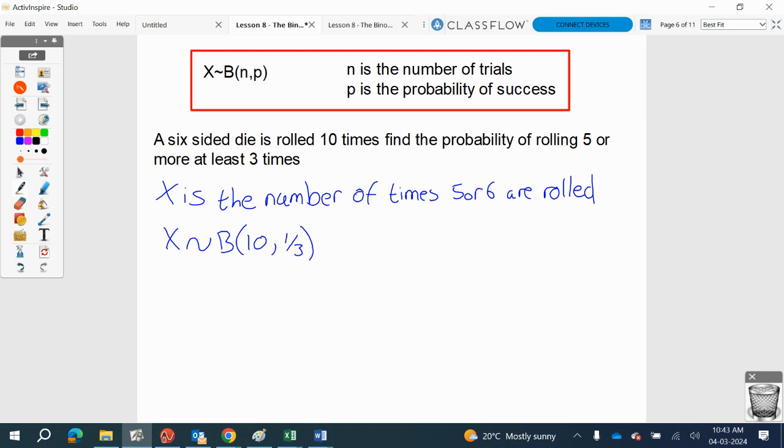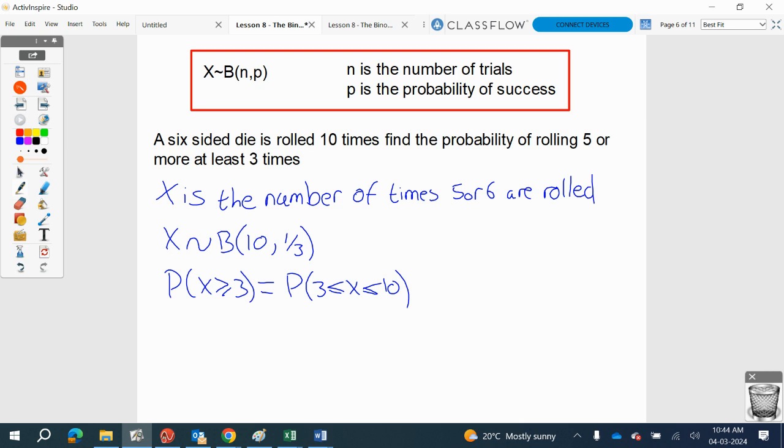And then lastly, we want the probability that x is greater than or equal to 3. That's the probability that x is between 3 and 10.